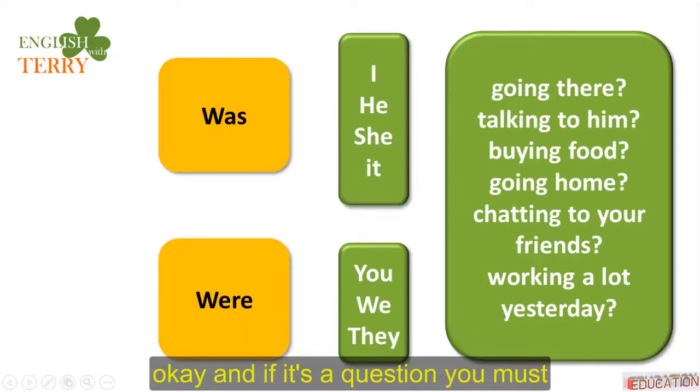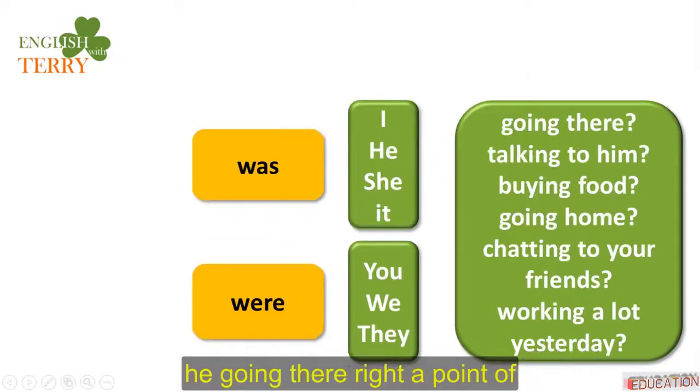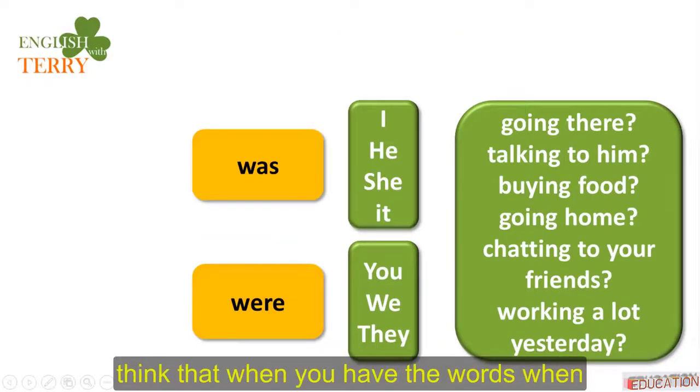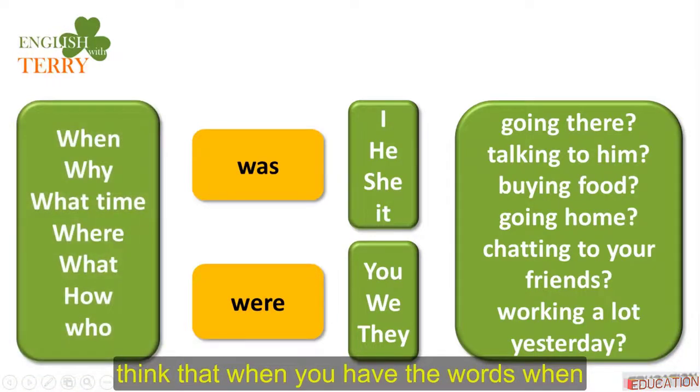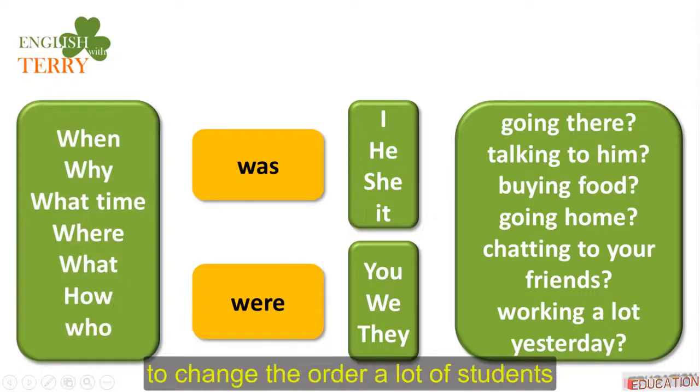And if it's a question, you must change the word order. So, was I going there? Were you talking to him? Was he going there, right? A point of confusion for a lot of students is they think that when you have the words when, where, what, why, it is not necessary to change the order.